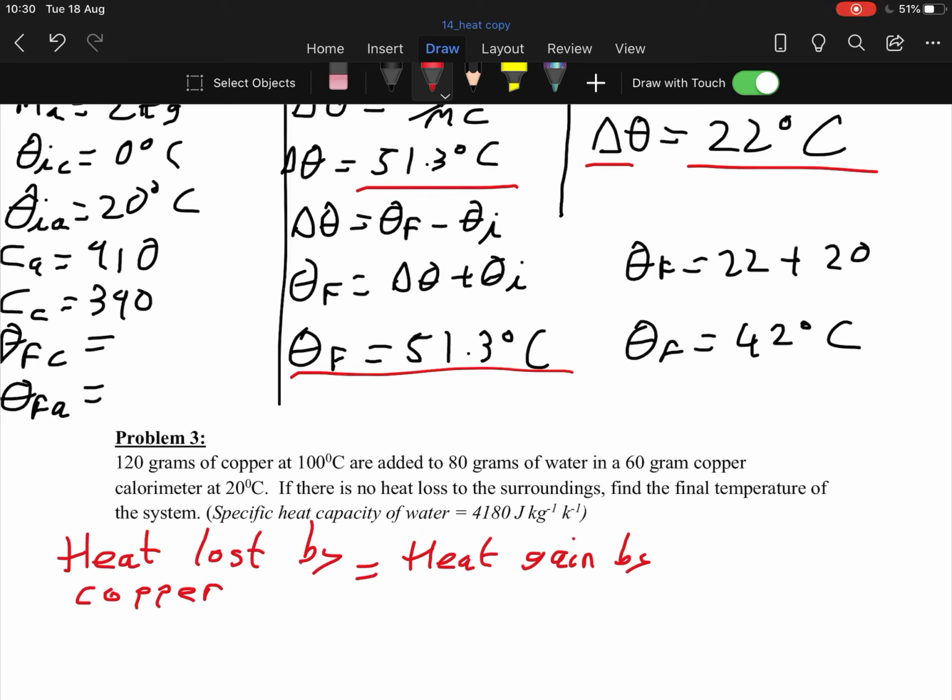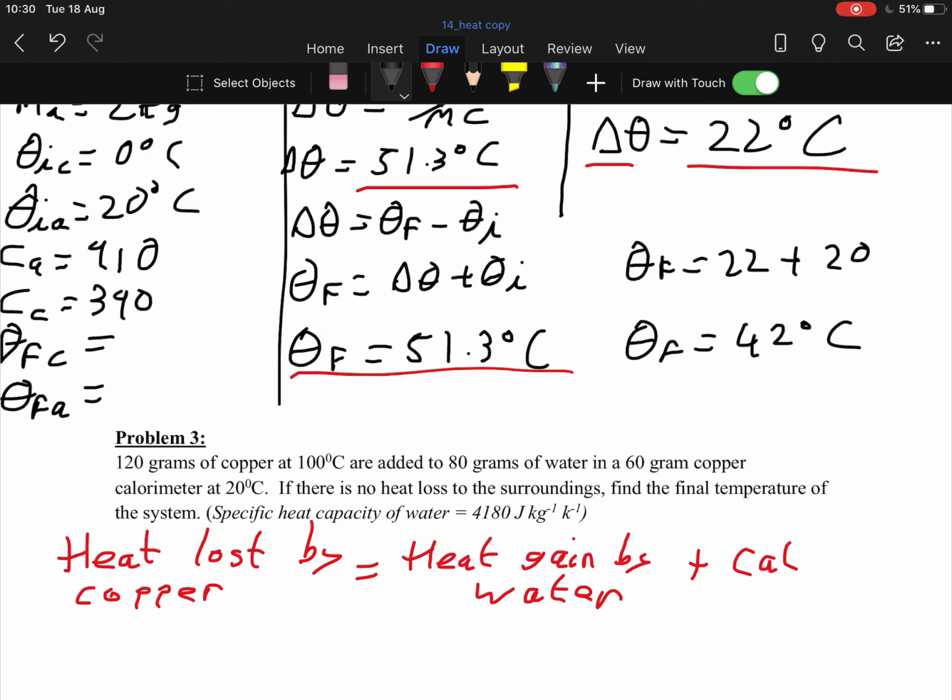Who's gaining heat? Well, the water. Anything else? Something else has to gain heat. The calorimeter. So heat lost by the copper, heat gained by the water, and heat gained by the calorimeter. So there are going to be 3 different things going on here. So that's the first step, and I always put that in red, just to highlight it.